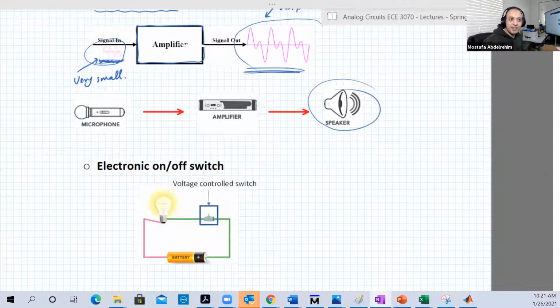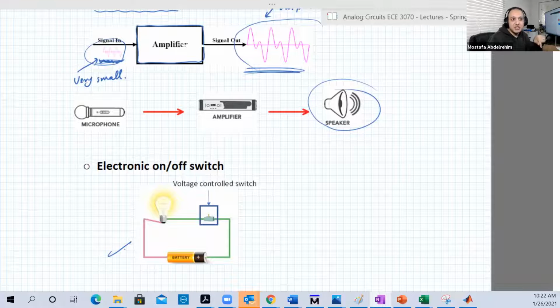But there are some other switches that are electronic. I mean, you can control the flow of current in some circuit based on a voltage, not manually. This switch is an electronic switch, not a mechanical switch, in the sense that you can control it using a voltage or a current.